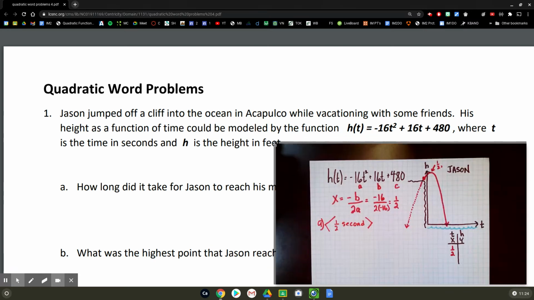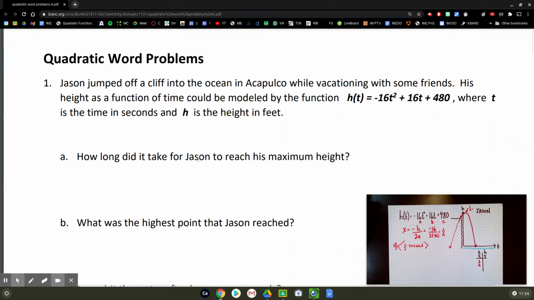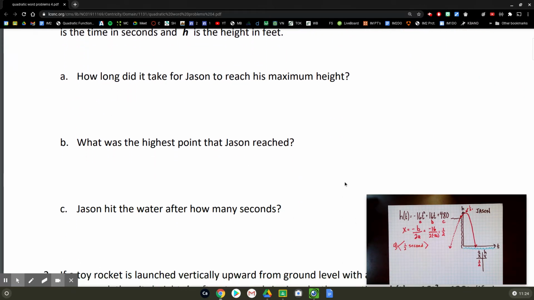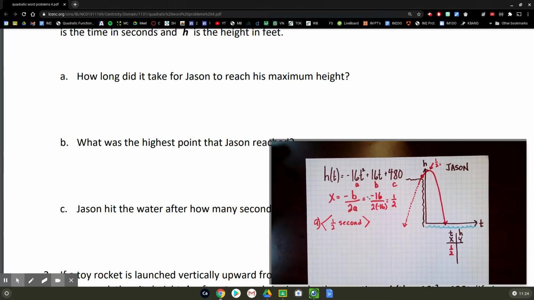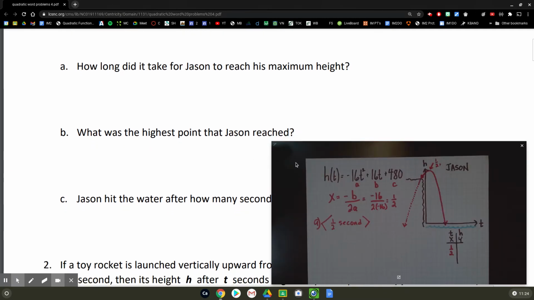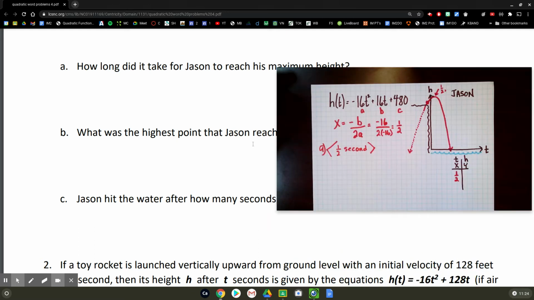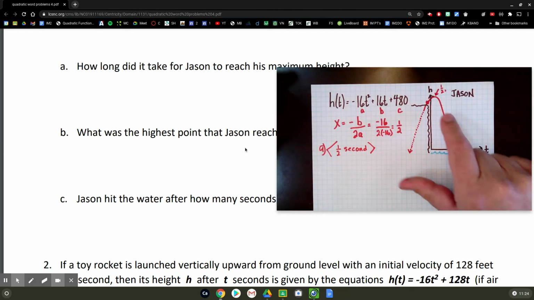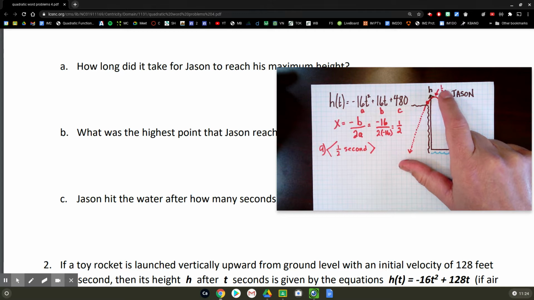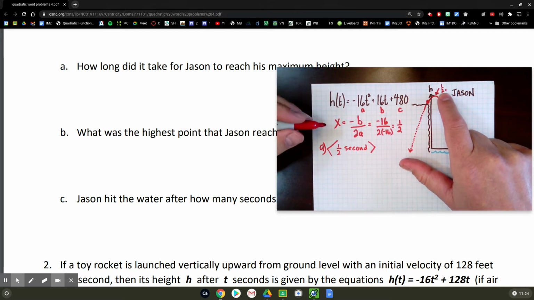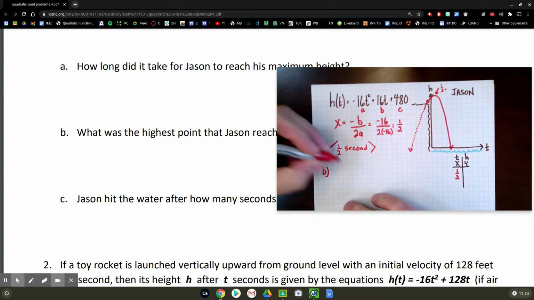For question B, let's take a look at that. What was the highest point that Jason reached? Well, that's the y-coordinate that goes along with the vertex. Part B wants to know what that height is.